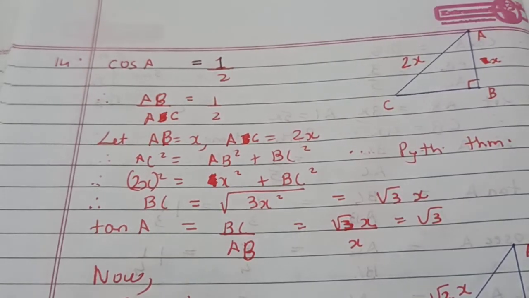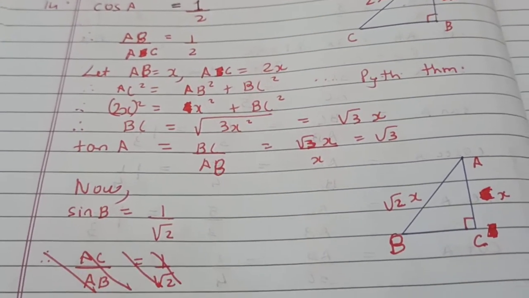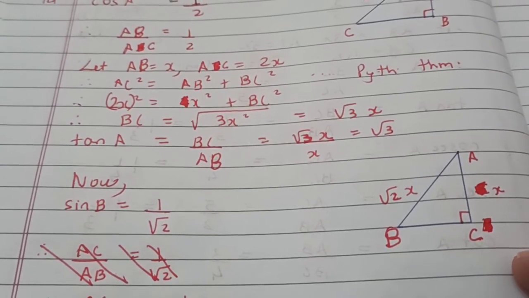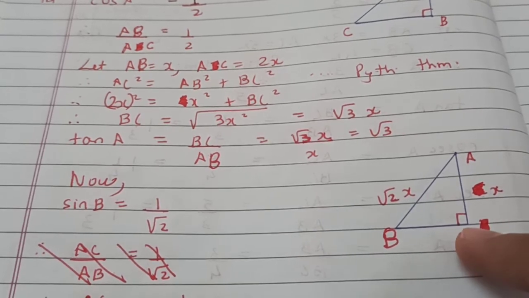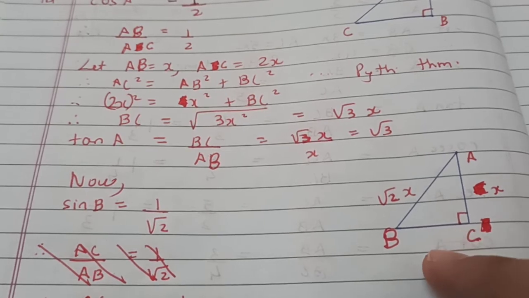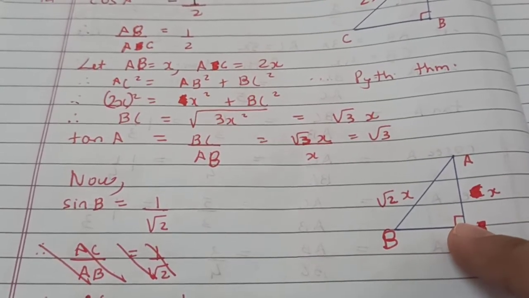What else is asked in the question? Tan B is asked. But now we have to draw a completely new triangle, ABC, and we have to find tan B, right? So we can't assume B to be 90 degrees because the angle under reference is B. So it has to be some other angle. So let's assume C to be 90 degrees here.